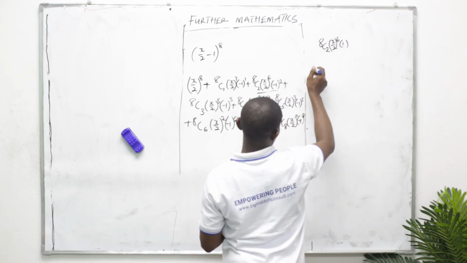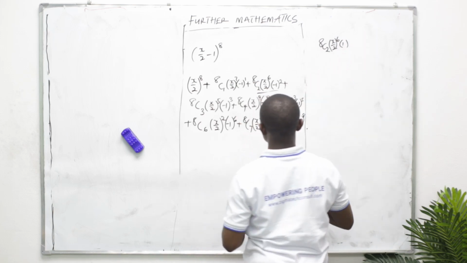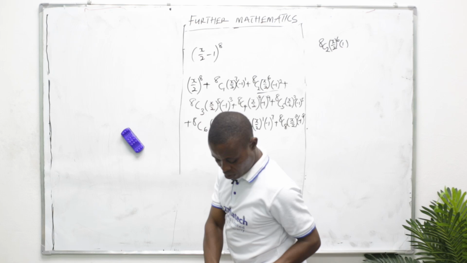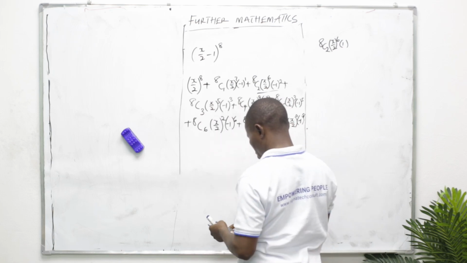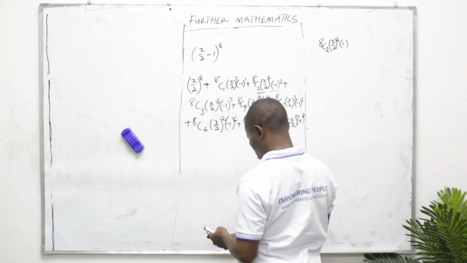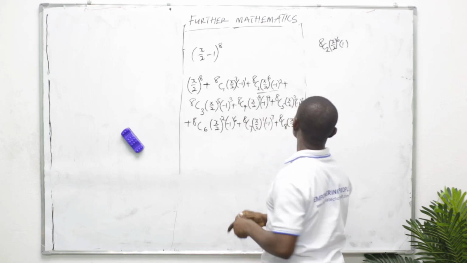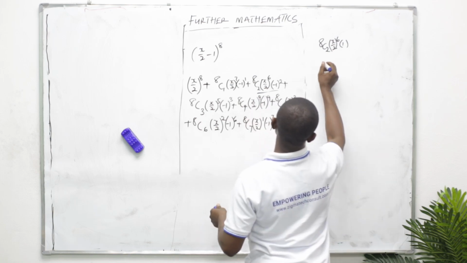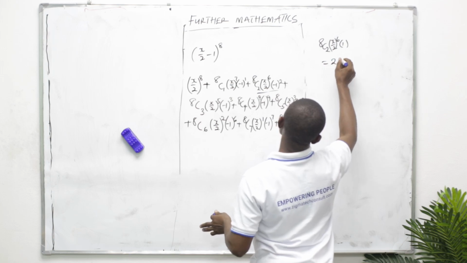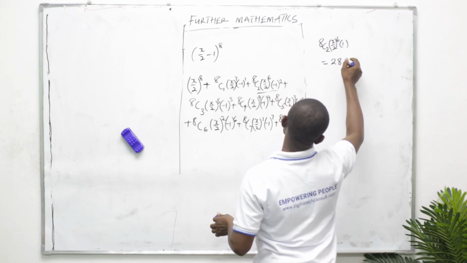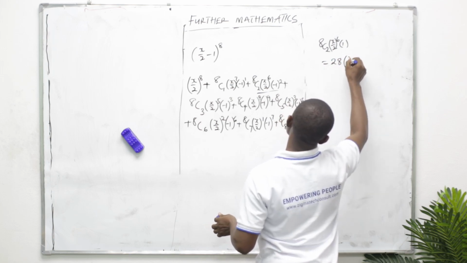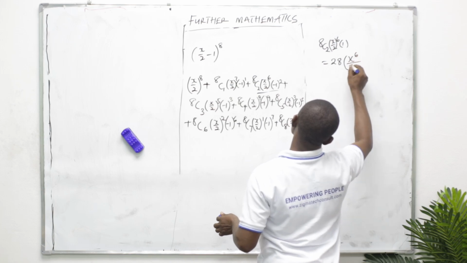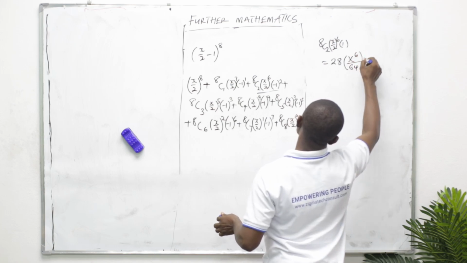But that's a perfect square. So let me press 8 combination 2. Nice. 8 combination 2 is 28. Then multiply by x power 6 all over 64 times 1.